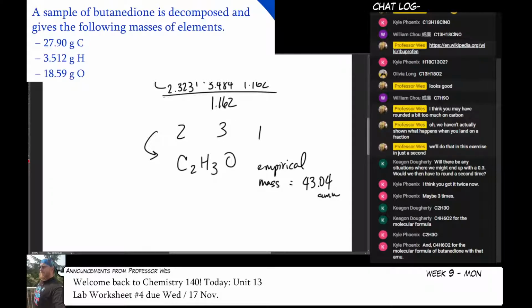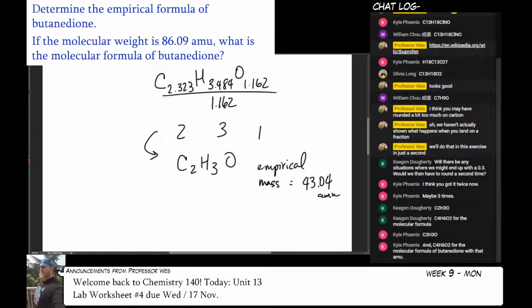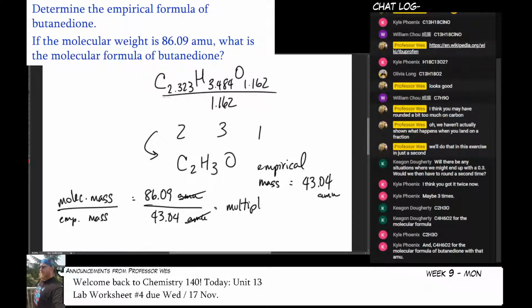All right. Then the next part of the problem says, well, the actual stuff weighs 86.09, so the molecular mass is 86.09 AMU. Well, if I just divide that by the empirical mass, I'll get the multiplier, which is 2.